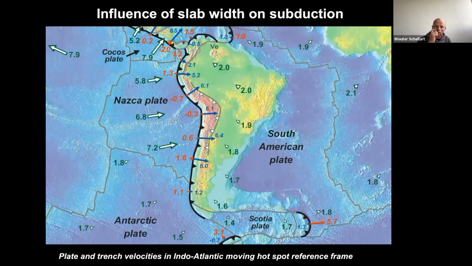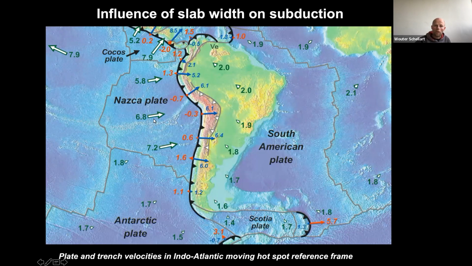So we can also see that nicely summarized in this diagram here. Large South American subduction zone, small Scotia subduction zone. Here we see in red the trench velocity and in blue the subducting plate velocity. So subduction here is mostly accommodated by trench retreat, not by subducting plate motion. And for the South American subduction zone, that's the opposite.